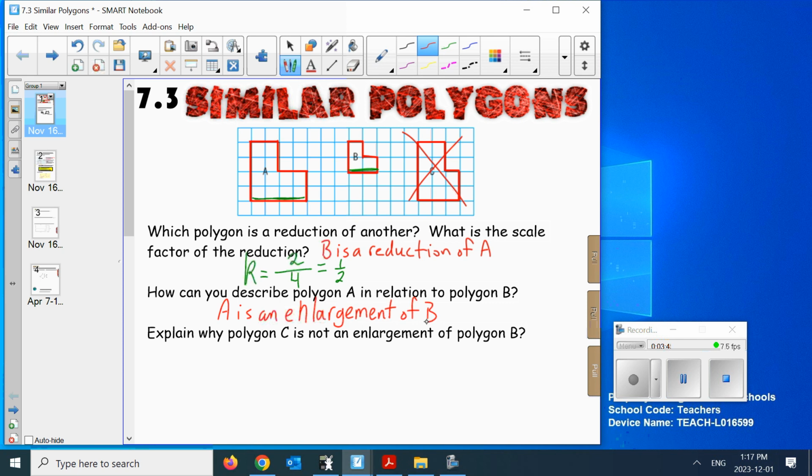And I can already see this. 2 turns into 4, so it's times 2. I'll put it in green though, just so it stands out. K factor in this case is 2 to 1.